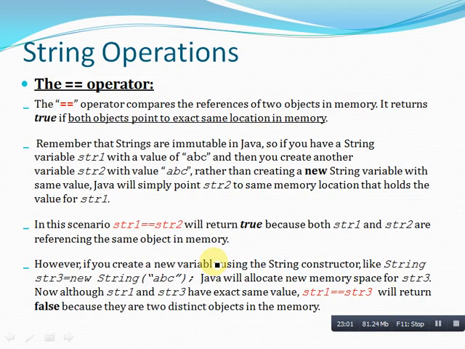There is another operator, the double equal operator, to compare two strings. In this case, the equal operator checks whether two strings are referring to the same value or not.